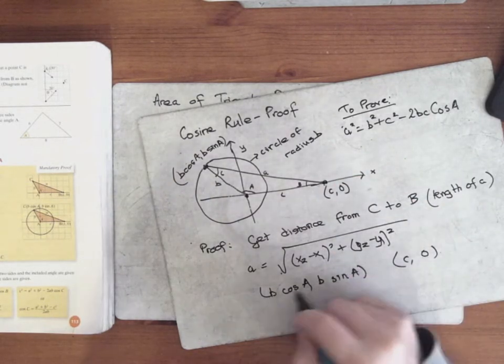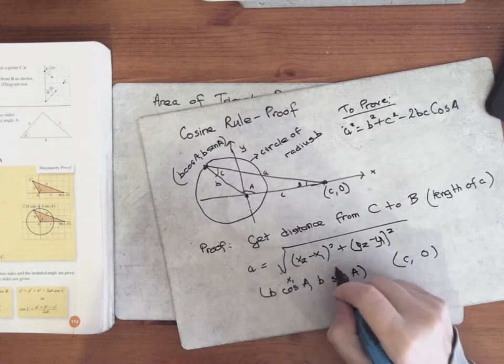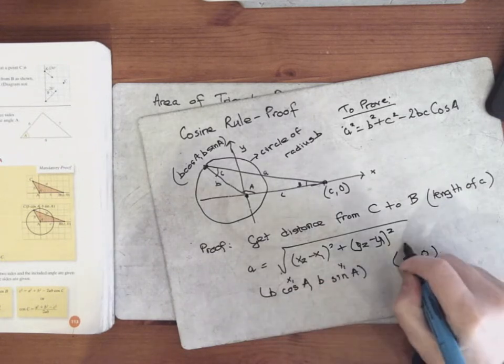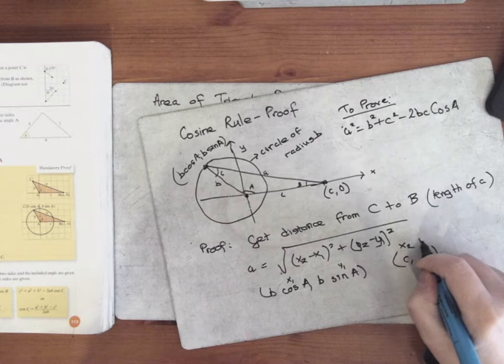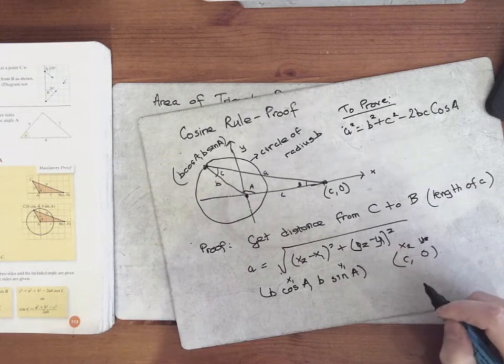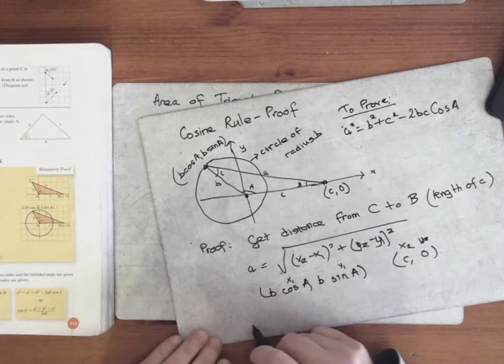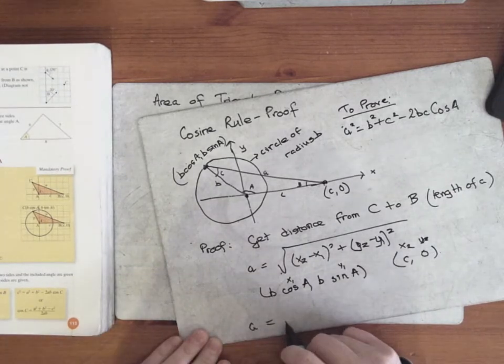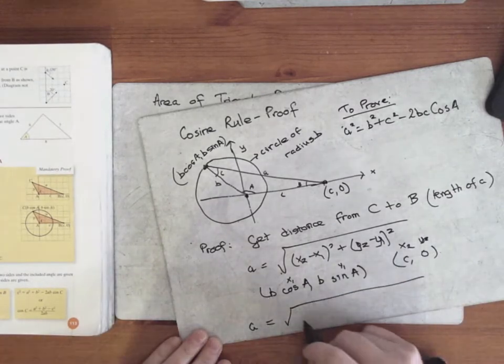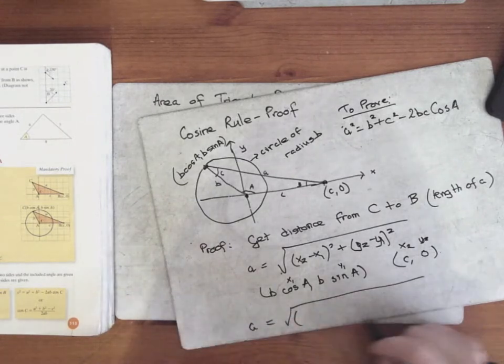So I call this one x1, y1, and this one x2, y2. And I'll fill in my formula. So A is equal to the square root of x2 is b cos A.